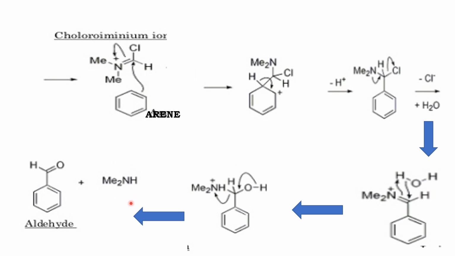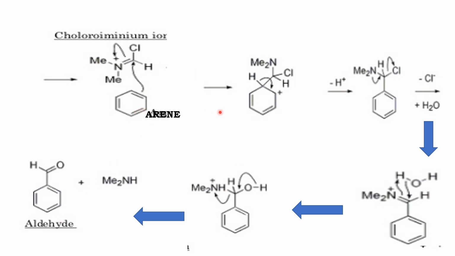This is the second step of the Vilsmeier-Haack reaction. So we could summarize: the aromatic ring or the arene attacks the iminium ion, followed by hydrolysis, giving the final product aldehyde.